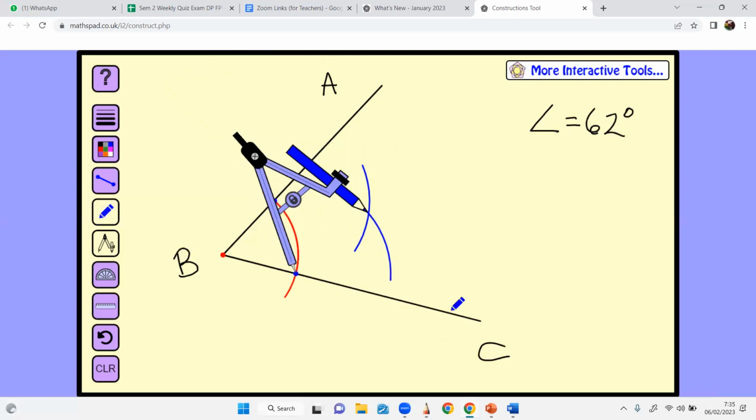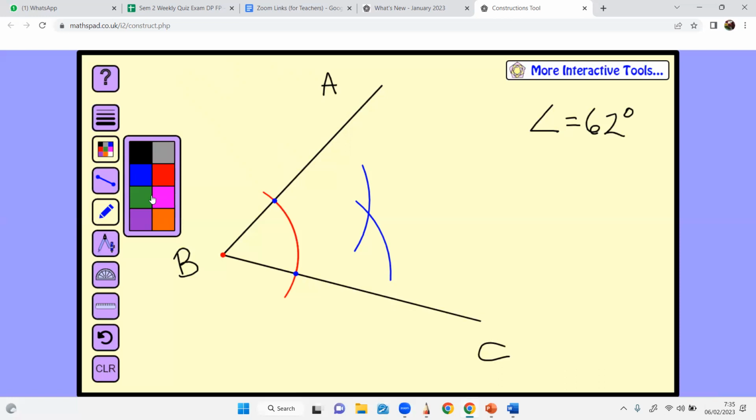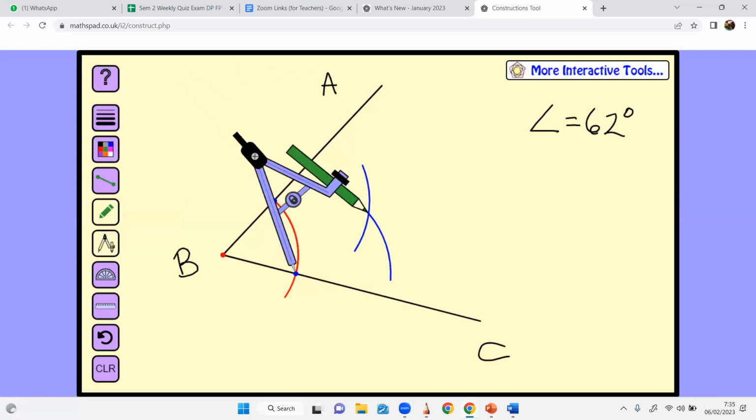What is the meeting point? Good question, Kaylee. What do you think the meeting point is? Angle bisector. What is angle bisector? I use the green color, from here to here. Okay, so this green line is an angle bisector.